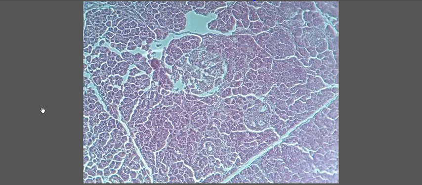There is something here in particular that might give it away. Group 3. That's the pancreas, right? This is the pancreas.